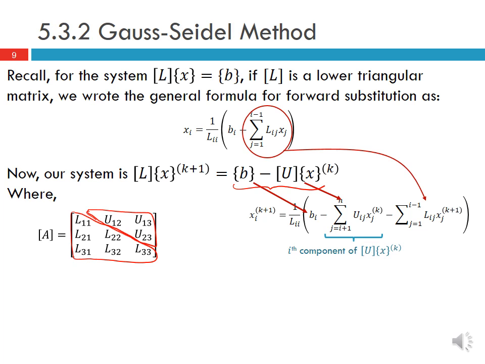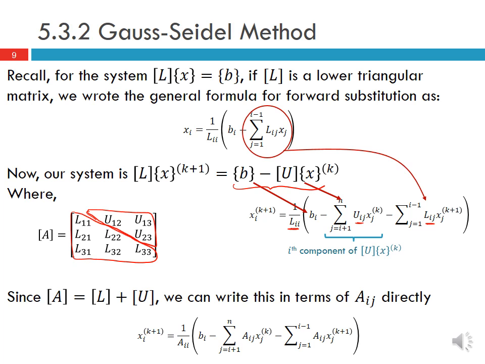Now here we're writing this with uij and lij and lii, and on the previous slide, these were all written as a. And since we know that A is equal to L plus U, if we write it in this form, then we can just write this all in terms of aij directly. So this equation can actually be written by replacing the L and the U with A.